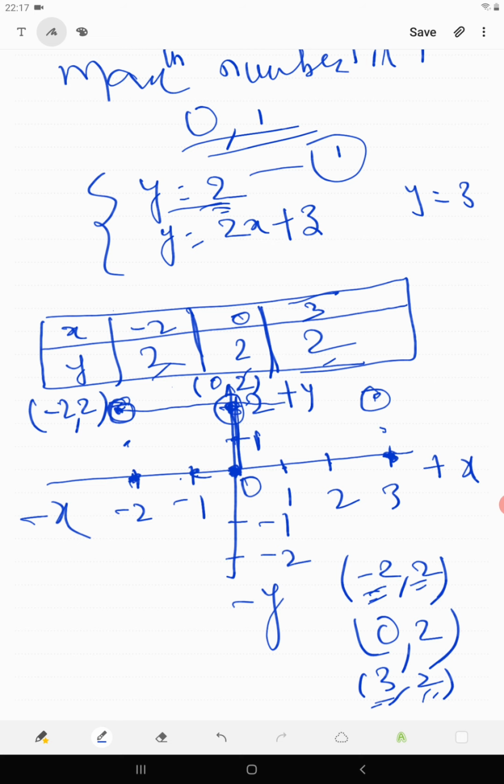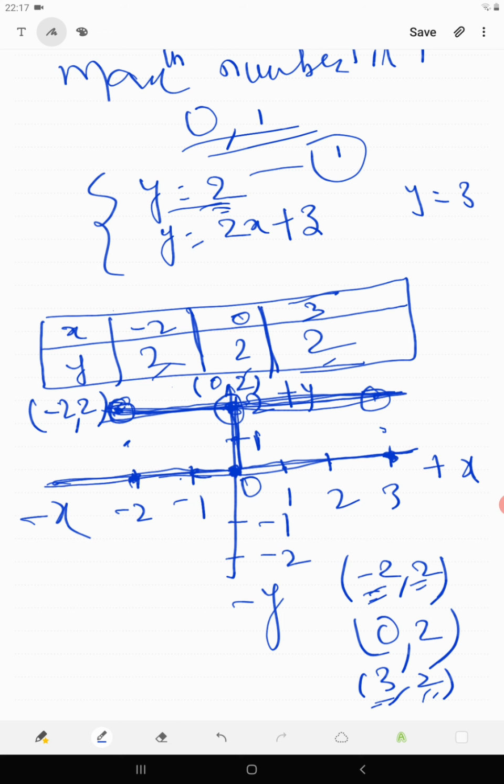Now join these 3 points. What are you seeing over here? This is a straight line. A linear equation will always be a straight line. Now see this equation. This is not meeting at any point on the x-axis.